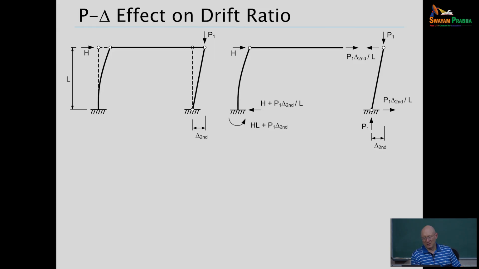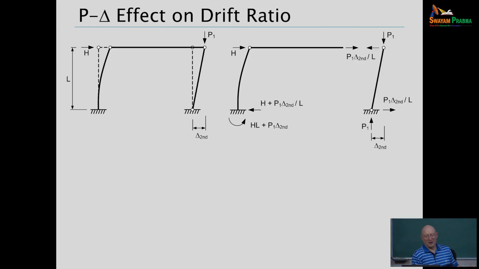And so we can see in the leaning column, since both ends are pinned, if I get a side sway, I'm going to have a shear equal to P1 times delta second over L, right? That's required for equilibrium in the deflected geometry, right? We're talking about equilibrium in the deflected geometry, second order analysis.